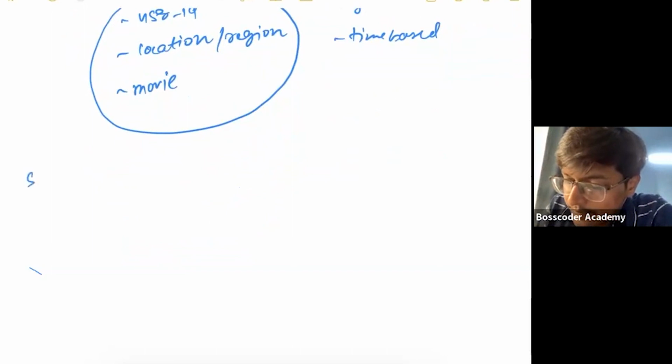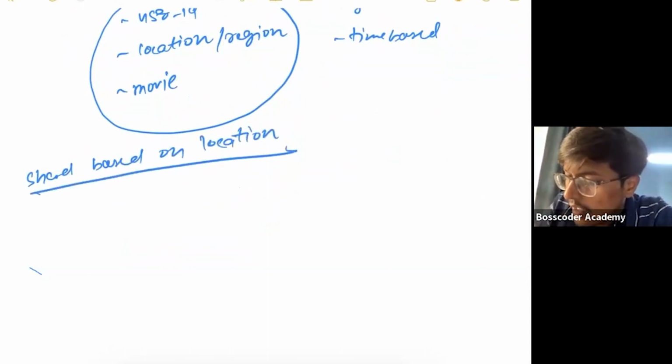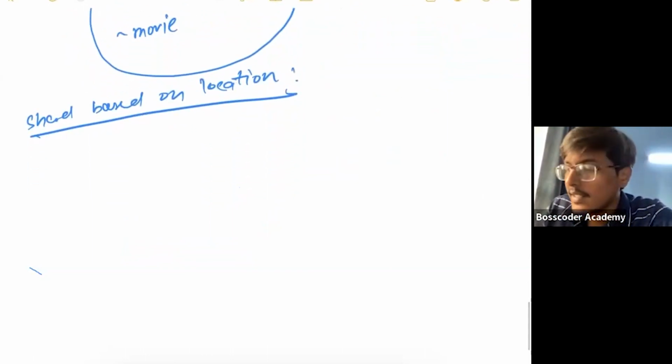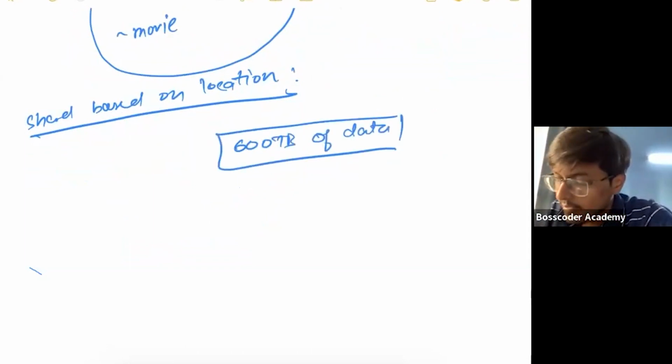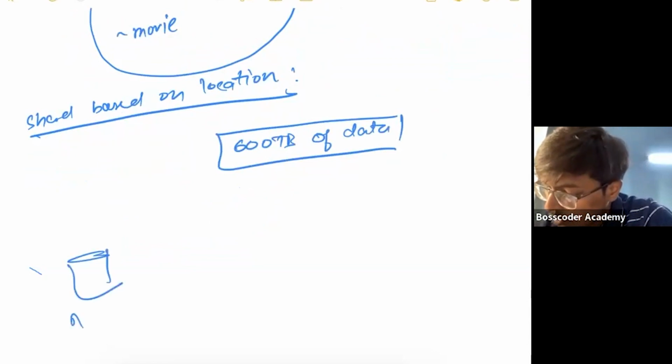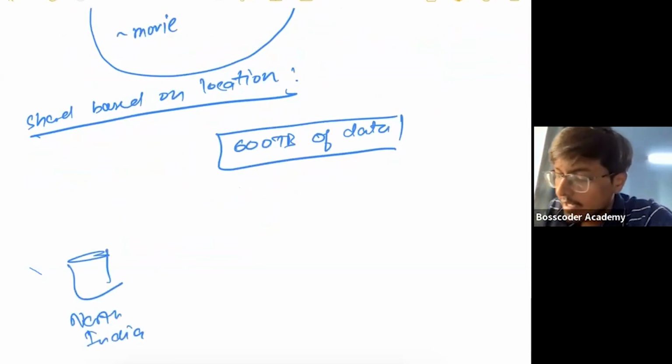So let's shard based on location. What does based on location mean? I have 600 terabyte of data. Let me have multiple databases. One database in North India is going to store the North India data.